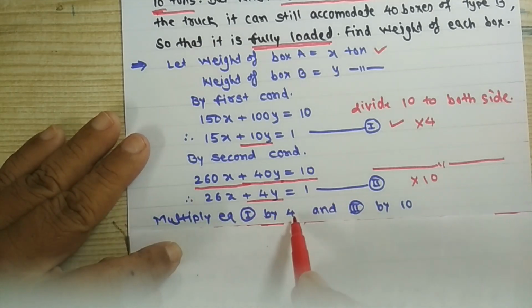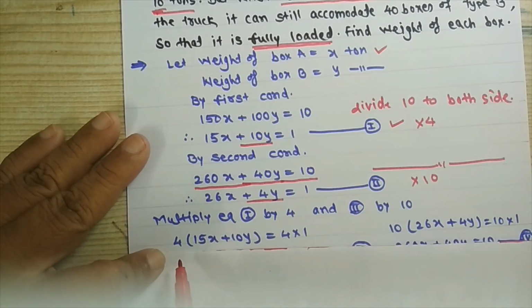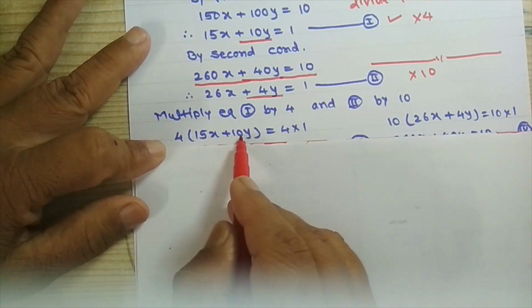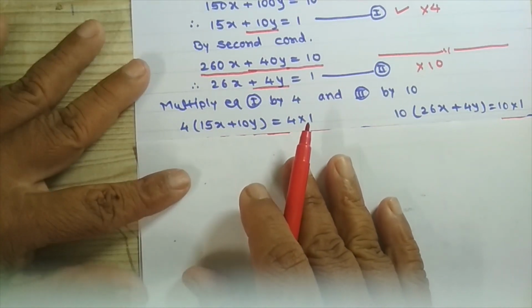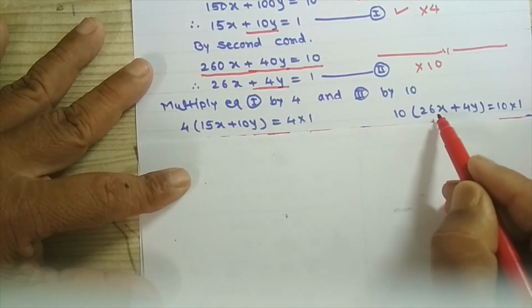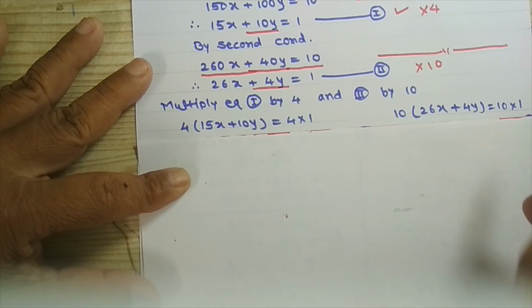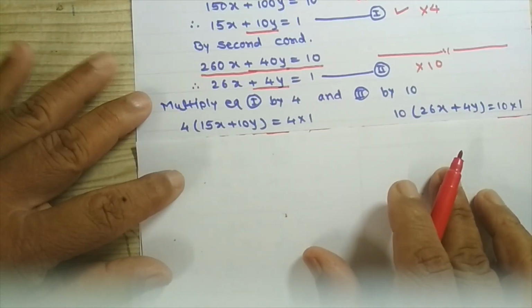Multiply equation 1 by 4 and 2 by 10. 4 in bracket 15x plus 10y is equal to 4 into 1. And equation 2 also, 10 in bracket 26x plus 4y is equal to 10 into 1. We have to multiply both sides of both the equations.